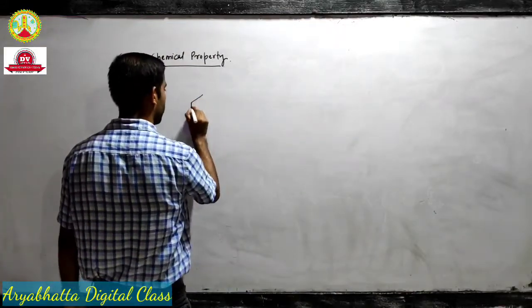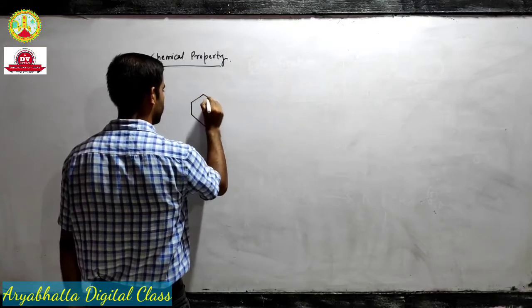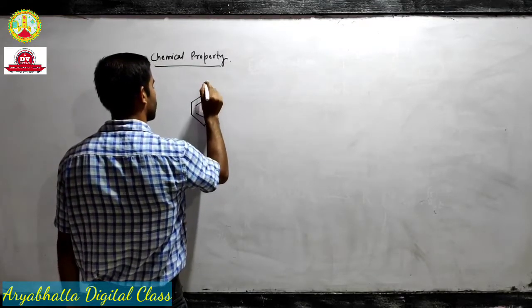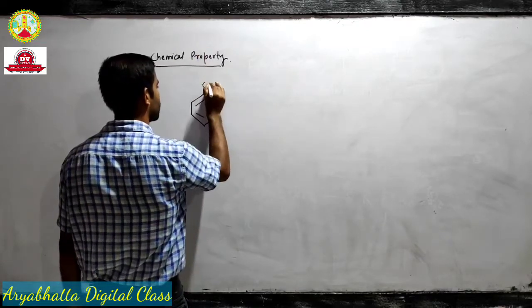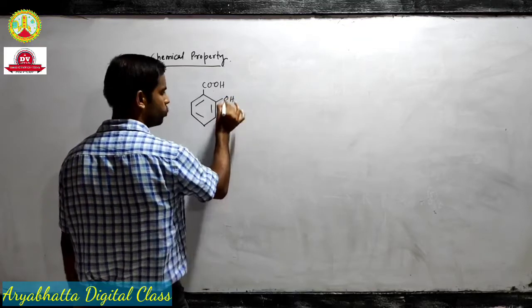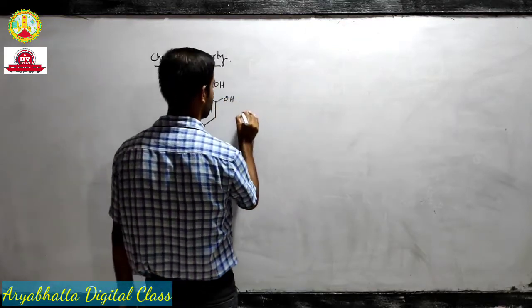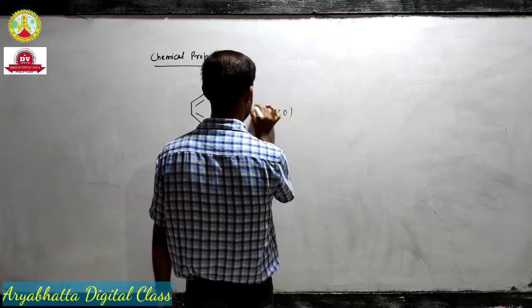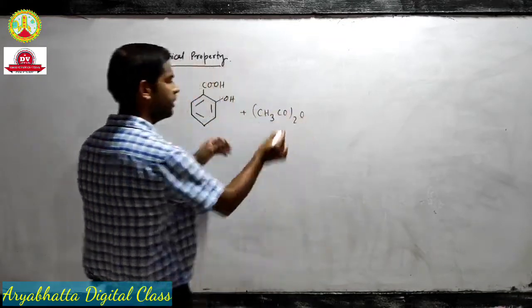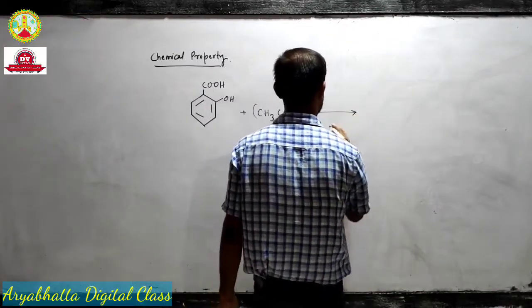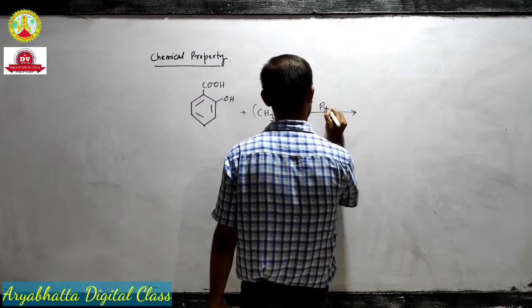So one very important example from this type of reaction is COOH-OH. This is 2-hydroxybenzoic acid, and when it reacts with, you can see that this is an anhydride, ethanoic anhydride, in presence of pyridine.